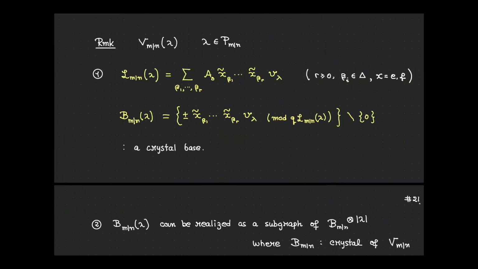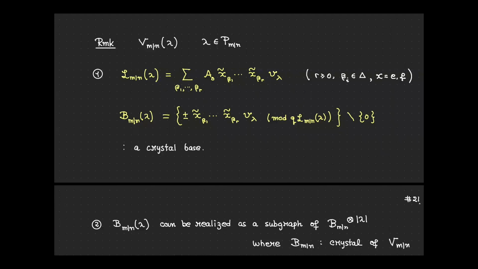And basically, Benkart-Kang-Kashiwara's proof of the existence of a crystal base for the irreducible polynomial representation was a rather inductive process inside the crystal lattice or crystal base of the tensor power of the natural representation.